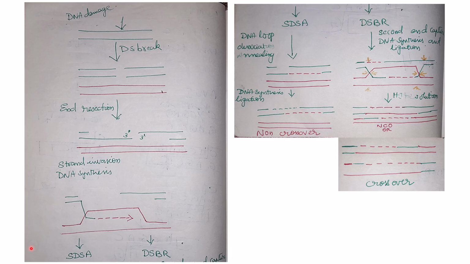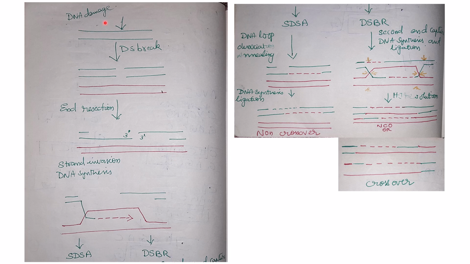The homologous recombination pathway involves synthesis dependent strand annealing, that is SDSA, and the double strand break repair pathway. These are the two pathways involved in homologous recombination for repairing the double strand break.